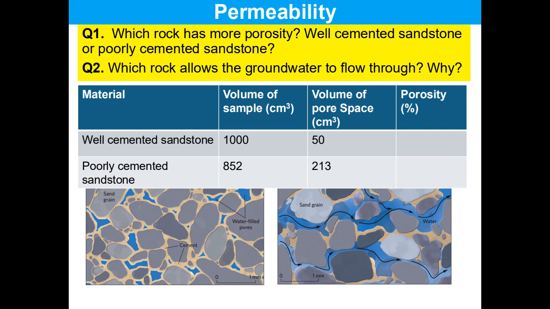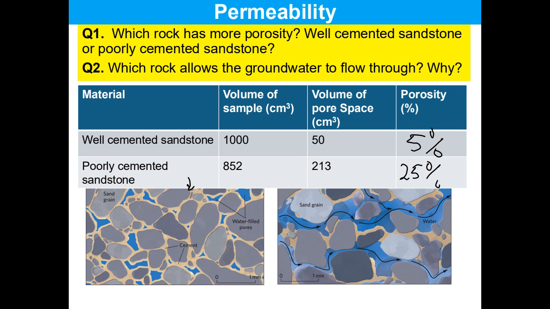And for the other one, when you divide 213 by 852, that would be 25%. We did this before. So we know that the well-cemented one has less porosity.